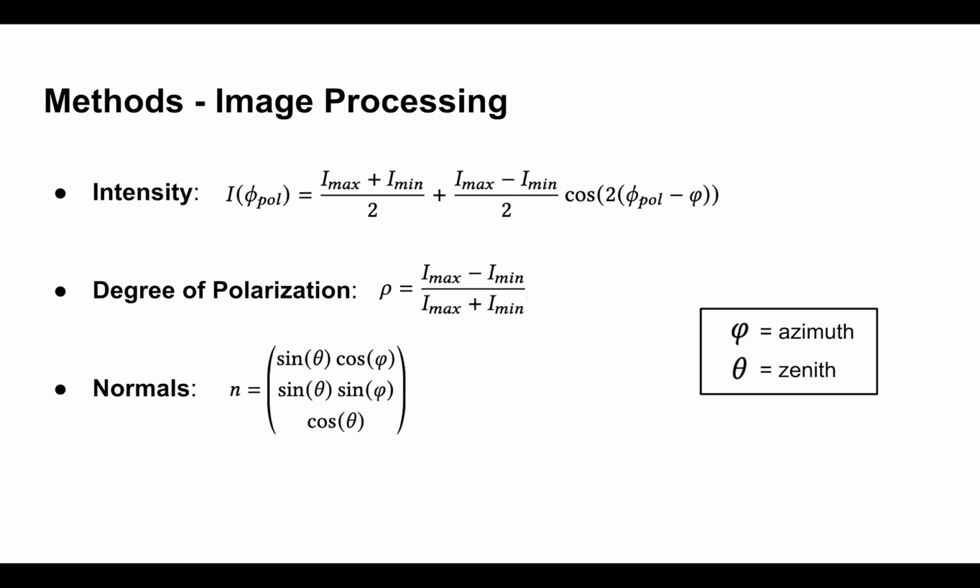Then we define the degree of polarization rho, which we use to help estimate the zenith angle. The articles describe a relationship using the Fresnel equations, but for the purposes of this project, we assume a simpler model. And after finding the azimuth and zenith, we're able to obtain our surface normals using this relationship with the normals here. And finally, we get our depths by integrating our normals.